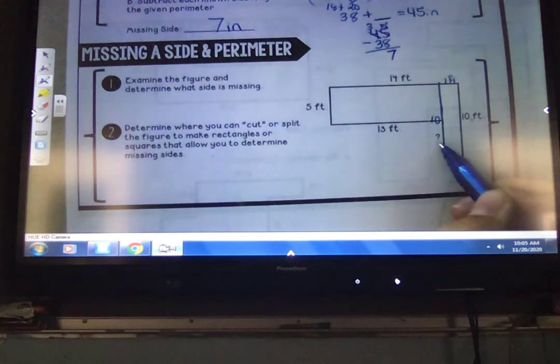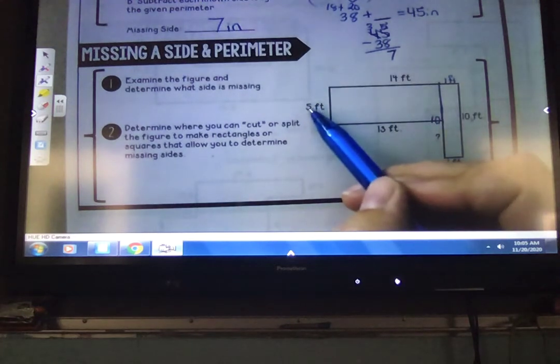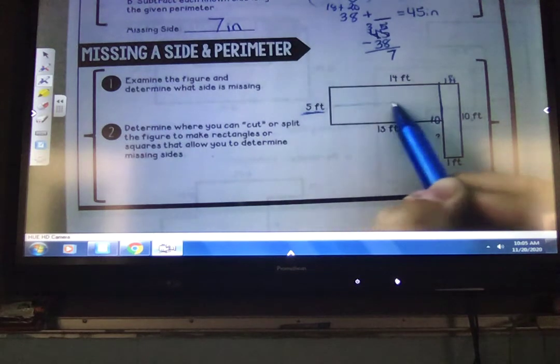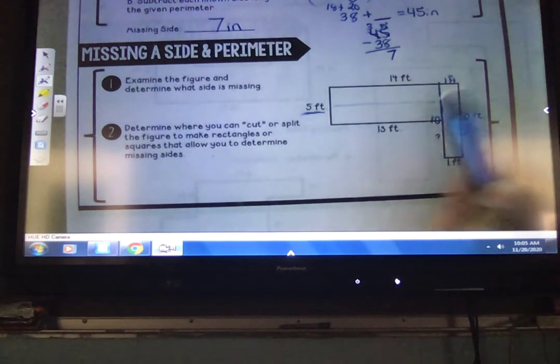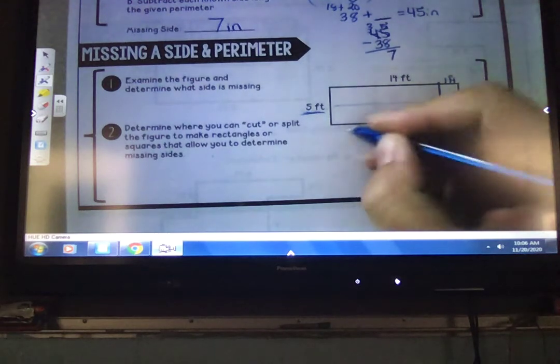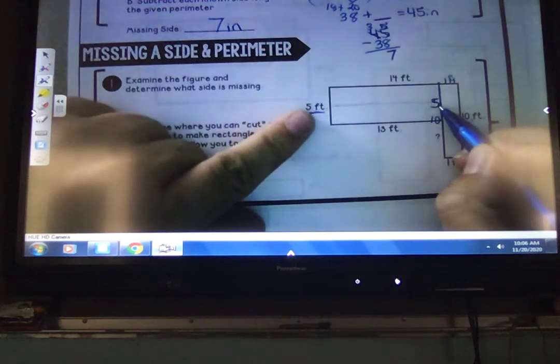But I need to figure out what this half of this 10 is. Look on the other side. If 5 is over here, that means this line right here also has to be 5 because that's another rectangle, isn't it? This is also a rectangle. So the left and the right on this rectangle have to match.